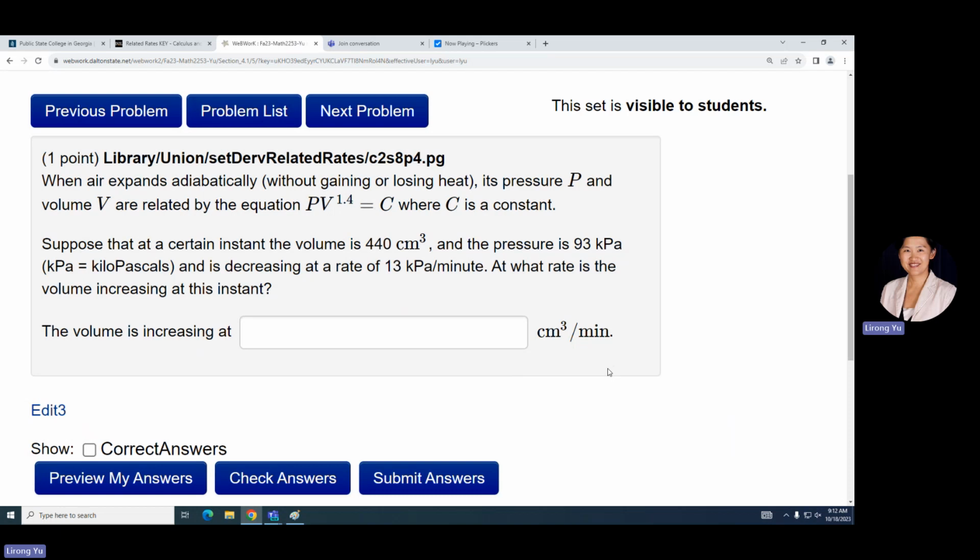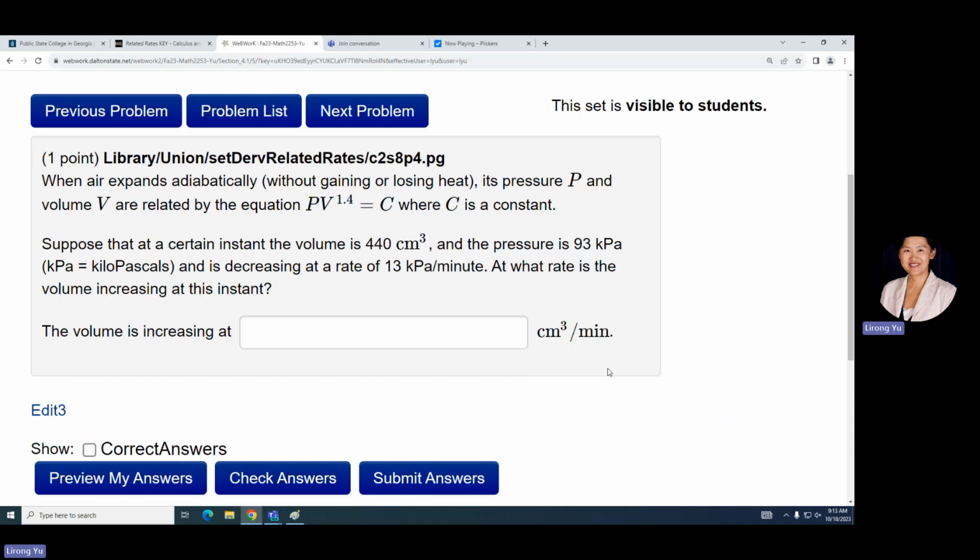Sometimes in the question, the relation between the quantities is already given. So you'll be working on finding the related rates. Remember one thing: all the quantities in the equation are functions of time. So try not to forget to differentiate the variables.